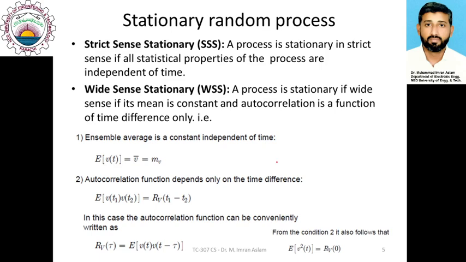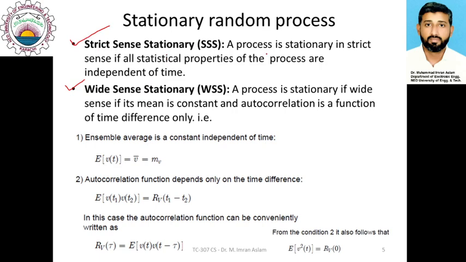Another perspective related to random variables is their stationarity. What are stationary random processes? For stationary random processes we take two different perspectives. Either we call it strict sense stationary or wide sense stationary.